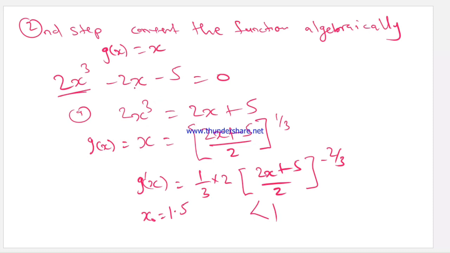If you try it in another way, which is option b, 2x is equal to 2x cubed minus 5, and our x is equal to (2x cubed minus 5) divided by 2.